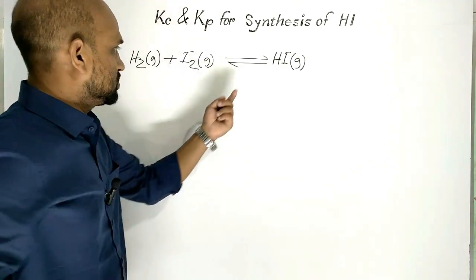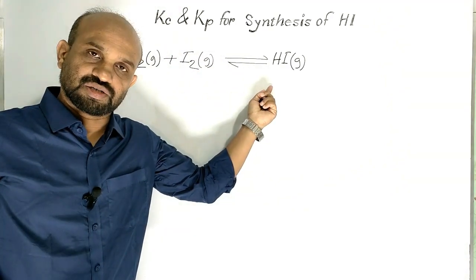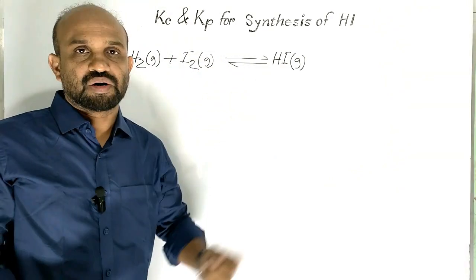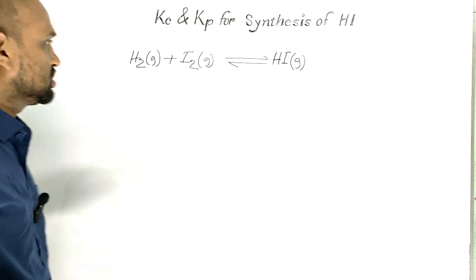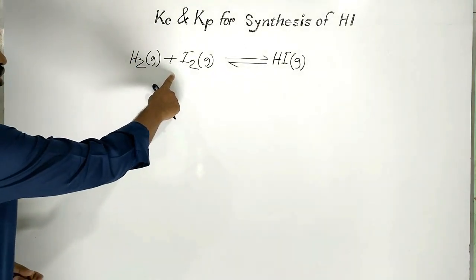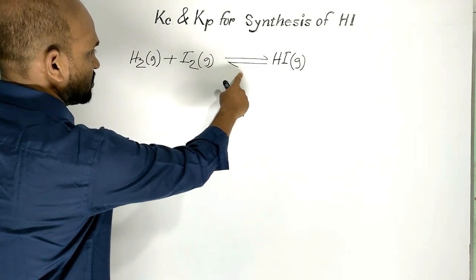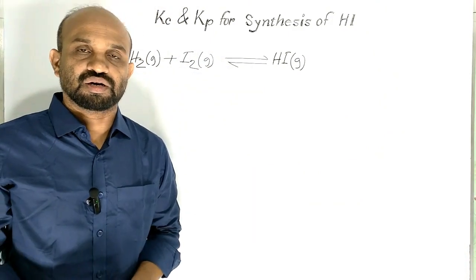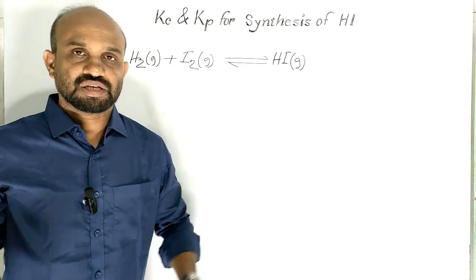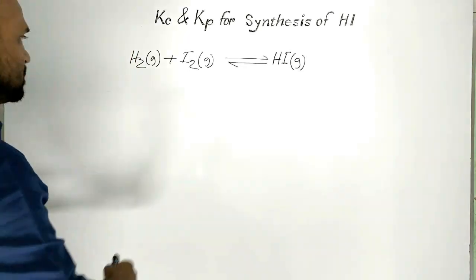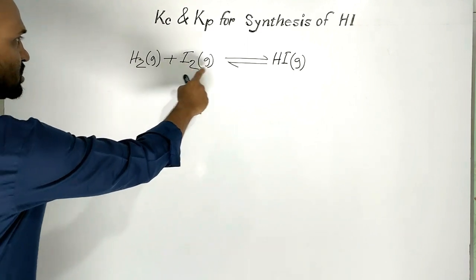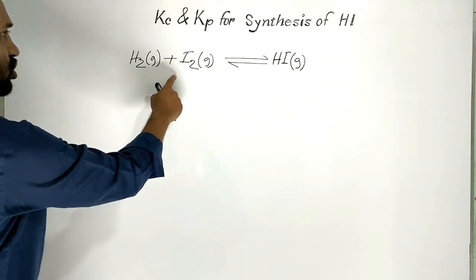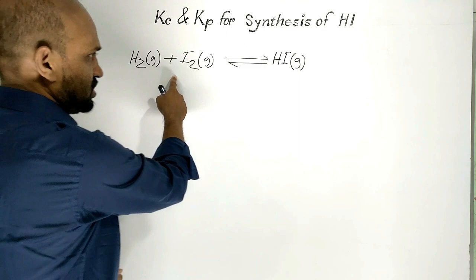It's a kind of reversible reaction. Equilibrium that exists in the reaction is known as homogeneous equilibrium, because here all the components are in the same state, gaseous state. That is why equilibrium present in the reaction is known as homogeneous equilibrium.